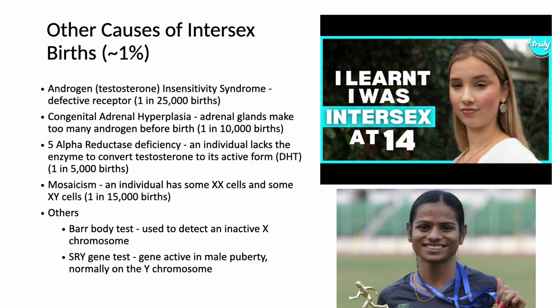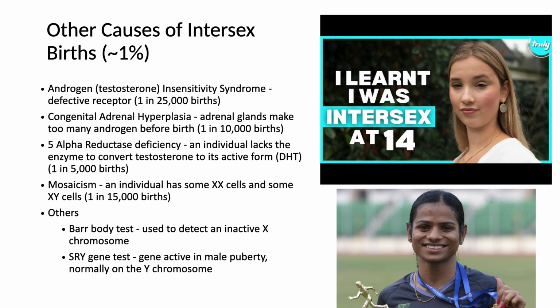And so they can appear as a male, or they may even have kind of a mixture between male and female anatomy. There's a bunch of different ways this can happen. This is fairly common, that as many as 1% of births might be in some ways intersex, although they may not be diagnosed that way till much later.